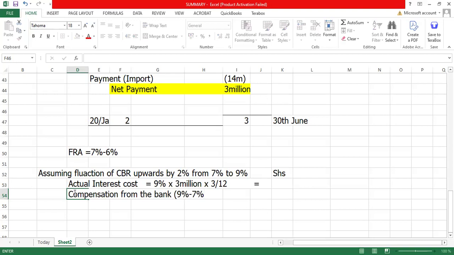It's the banker compensating because it's the one gaining in this transaction. In a situation where it's a payment, it means that it's the one gaining. So it's 9% minus 7% times 3 million, and times 3 out of 12.